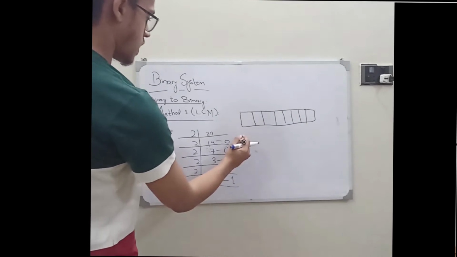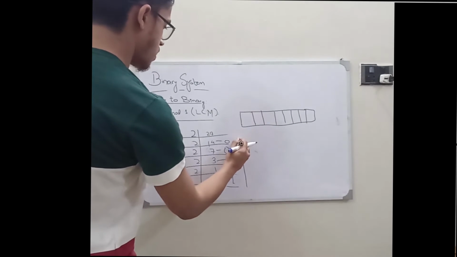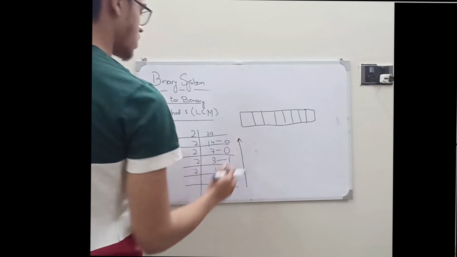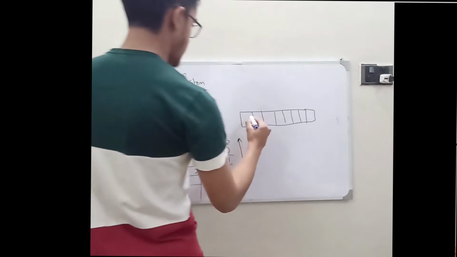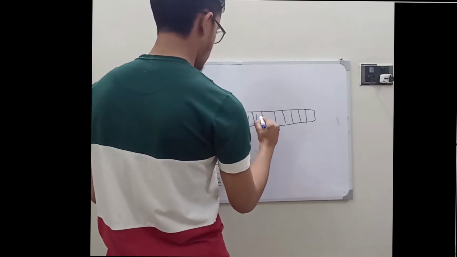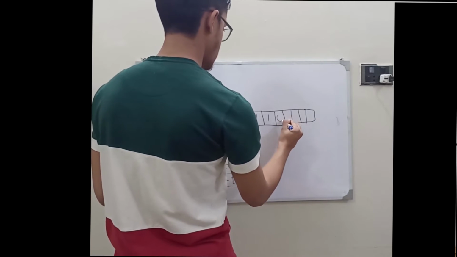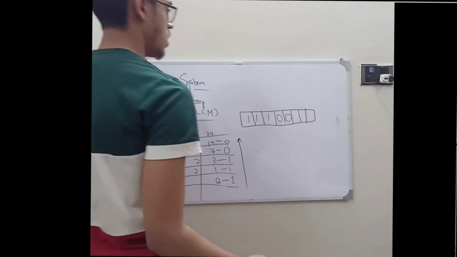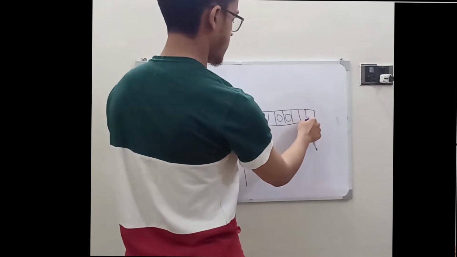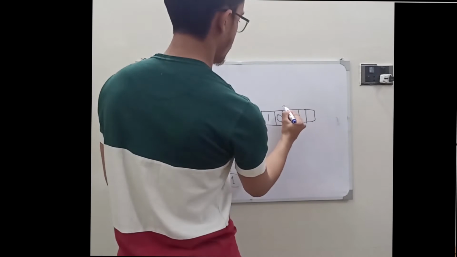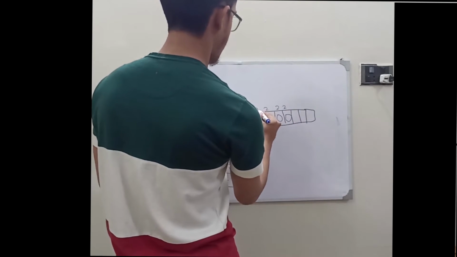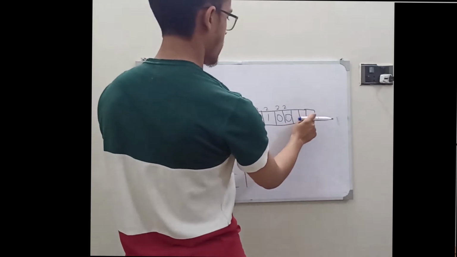As I told in the last video, you have to go from bottom to the top. And as we are writing this number, it will become 11100. Now this empty space, we don't have to fill up. Since we start from here in the power of 2's, we don't have to fill up this empty space.